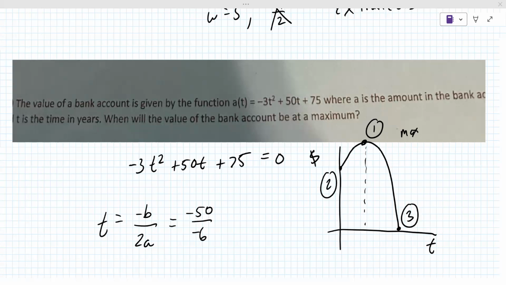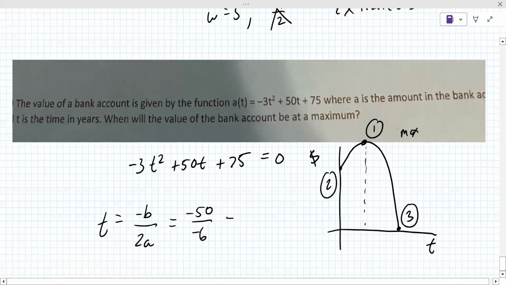So minus 3 times parentheses 50 divided by 6. So it's just 8.333 plus 50 times 50 divided by 6.